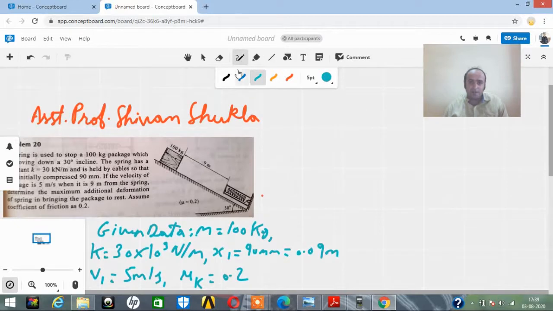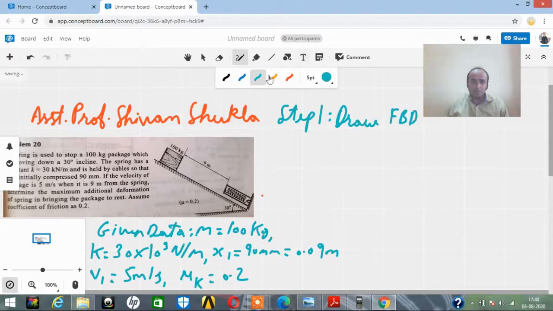Let us first try to draw the diagram. Let's draw it very clearly. The diagram should be there in front of us. Step 1 is to draw FBD, and here we will be going ahead with the free body diagram of this.